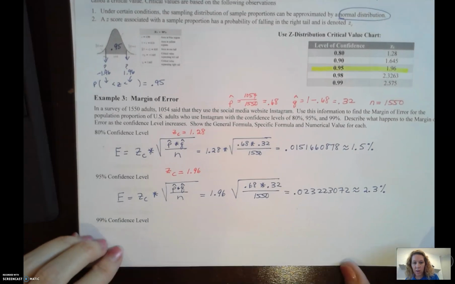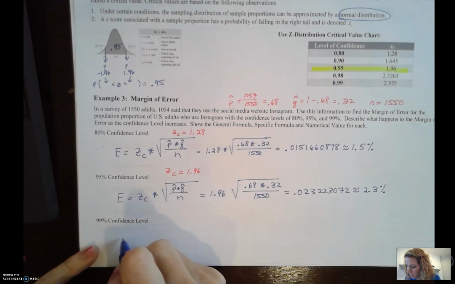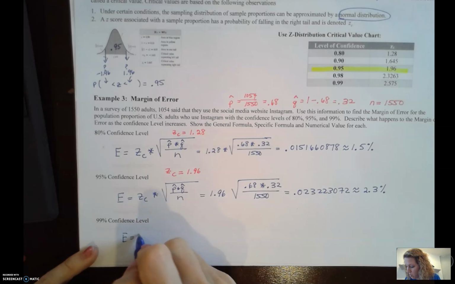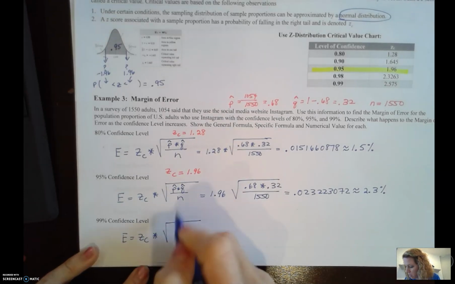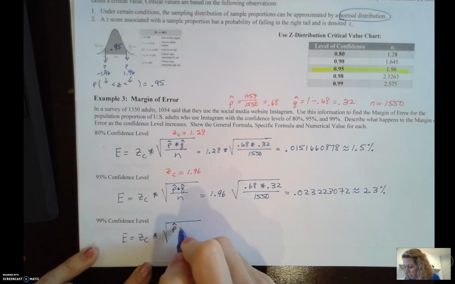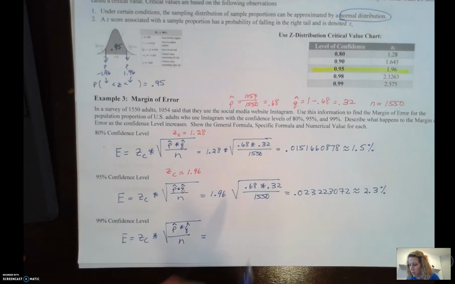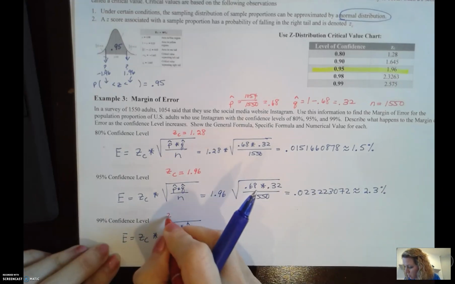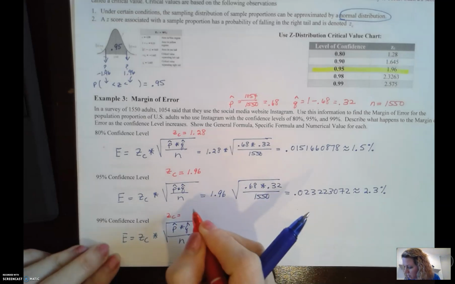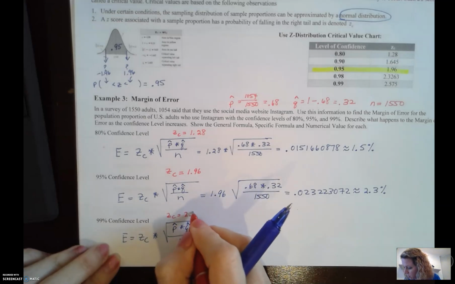Our last one, our 99% confidence level. We can use the same general formula, Z critical value times the square root of p hat times q hat all over n, and our Z critical value is going to change now. Our Z critical value at this level of 99% is 2.575.